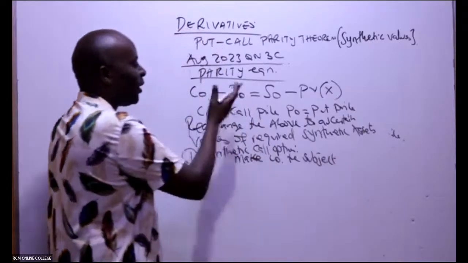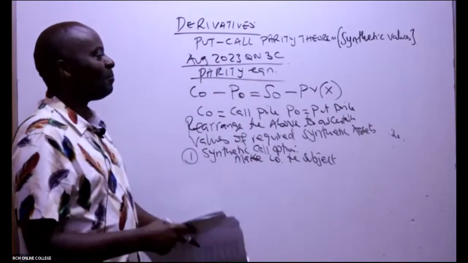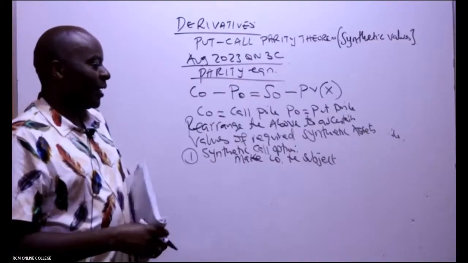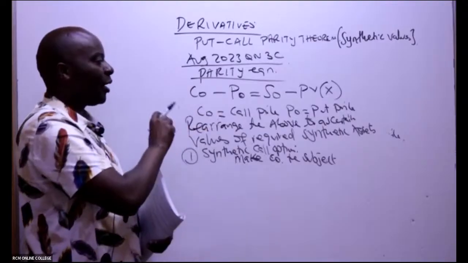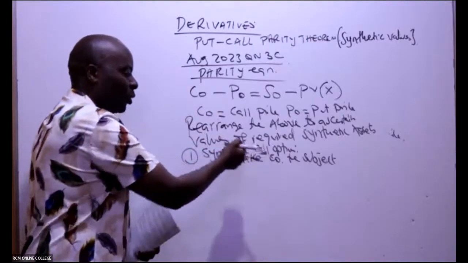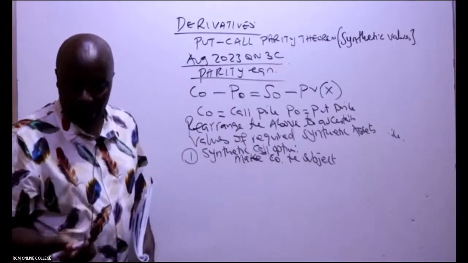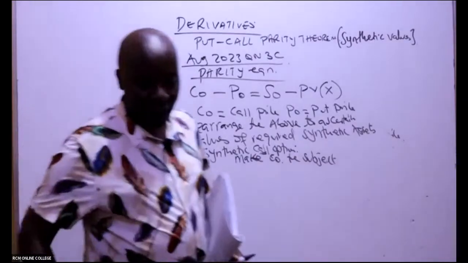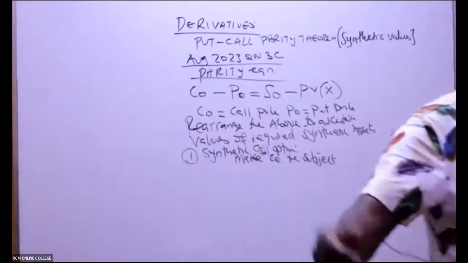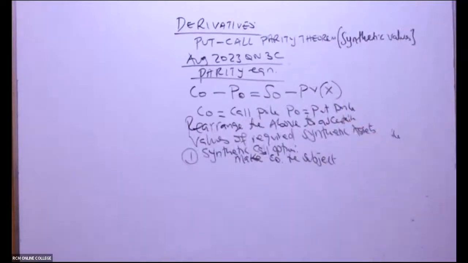Could you kindly do that for me? Because they want the call option, you simply make CO the subject of the equation from this parity equation.